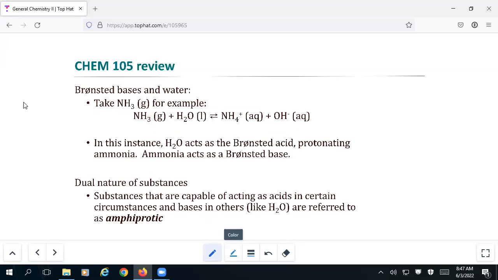And similarly, we could see the same kind of thing with bases. One of the hydrogens pops off the water and goes to the ammonia. That means that the water is acting as an acid and the ammonia as a base.